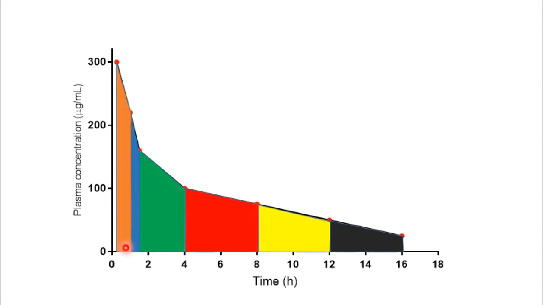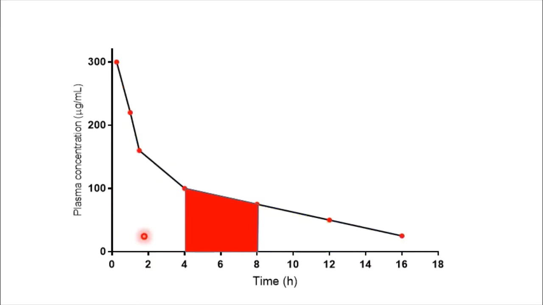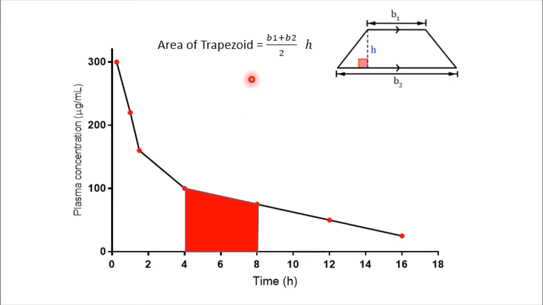these 2 points. So for the calculation of the area of one of these trapezoids, let's take this as an example. The area of a trapezoid, as you know, is the summation of 2 lines divided by 2 multiplied by the height of the trapezoid.